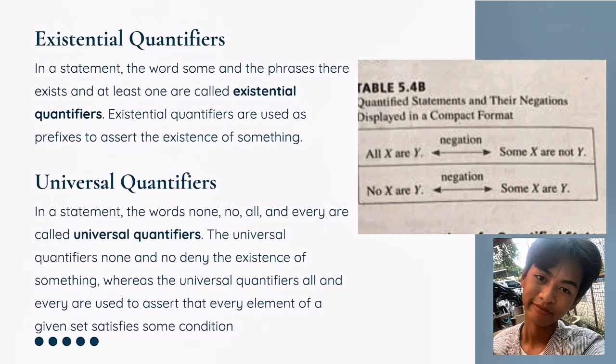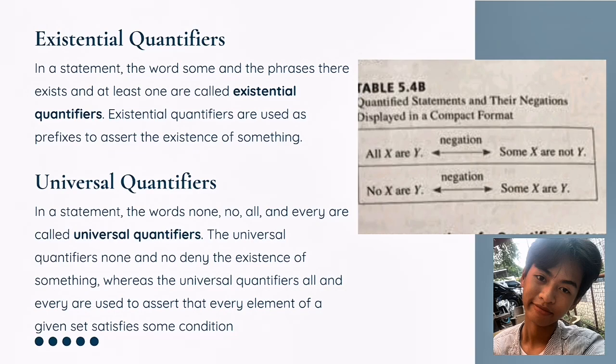On the other hand, the words "none," "no," "all," and "every" are called universal quantifiers. The universal quantifiers "none" and "no" deny the existence of something, whereas the universal quantifiers "all" and "every" are used to assert that every element of a given set satisfies some condition.